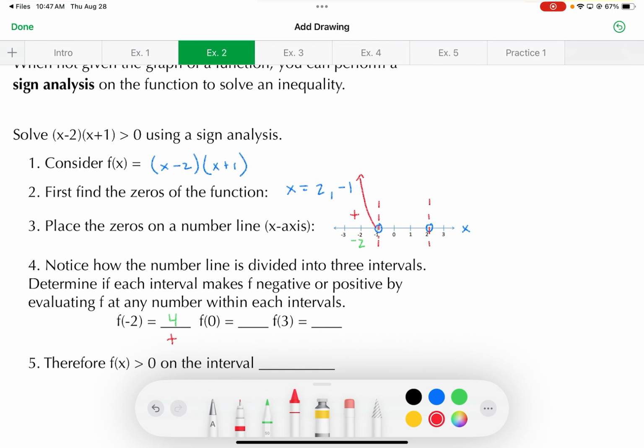Okay, now I repeat the process with the test value in the middle interval. I probably would just choose 0 here. Okay, so f of 0, that would be negative 2 times 1, or negative 2. And again, what I care about most is that it's negative. I'll put a minus sign there, meaning that all points that are in that interval are below the x-axis.